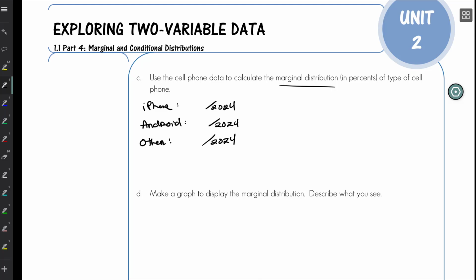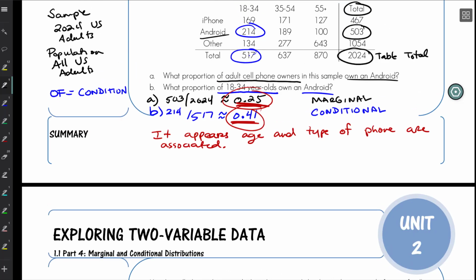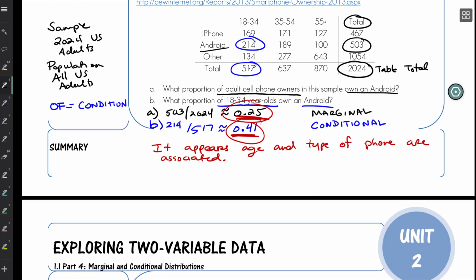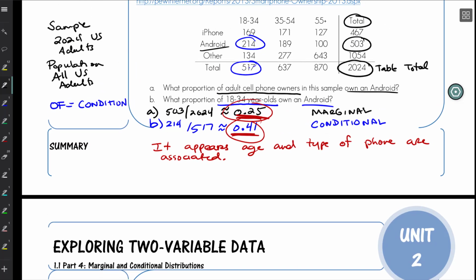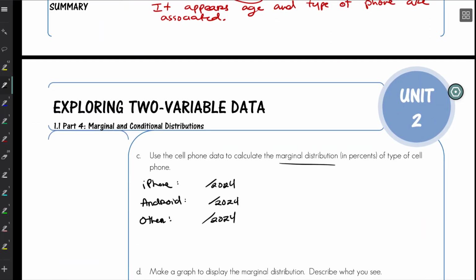Now, let's find out how many each of these were. I had 467 iPhone owners, 503 Android owners, and 1,054 other owners. So we had 467 out of 2024 that owned an iPhone, 503 out of 2024 owned an Android, and 1,054 owned an other.